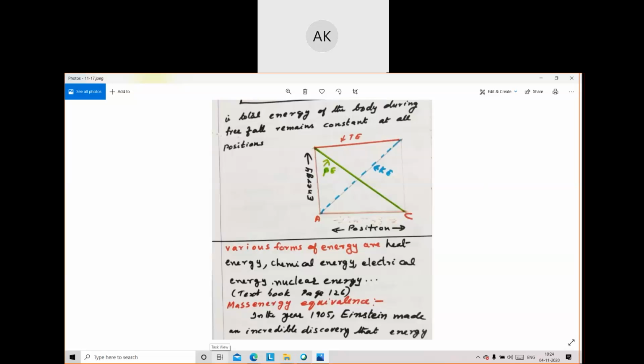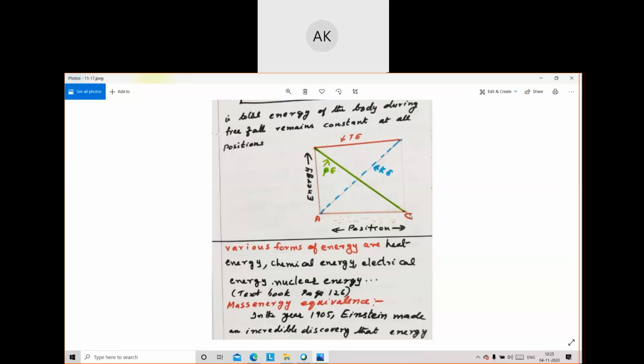So at the topmost point A, it will have maximum potential energy. Then it is falling downwards, and when it reaches C, the height is decreasing, so potential energy decreases and becomes zero.